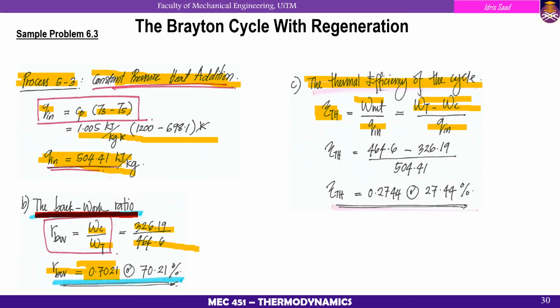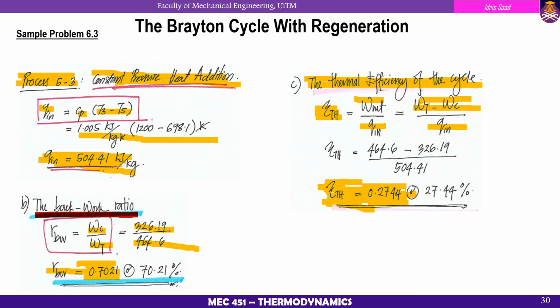Substituting the required data, we get thermal efficiency of 0.2744, or 27.44%. Please recall that thermal efficiency is how efficiently the engine converts heat into work. In this case, the thermal efficiency of the Brayton cycle with regeneration is only 27%.